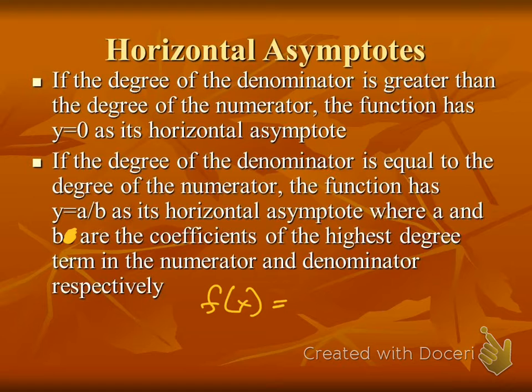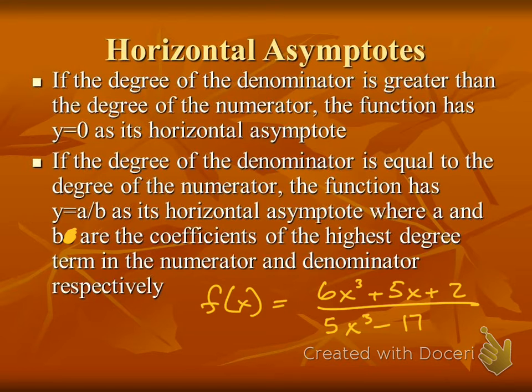If we had f of x equals 6x cubed plus 5x plus 2 over... no, let's not do 3, that's too easy. Let's do 5x cubed minus 17.